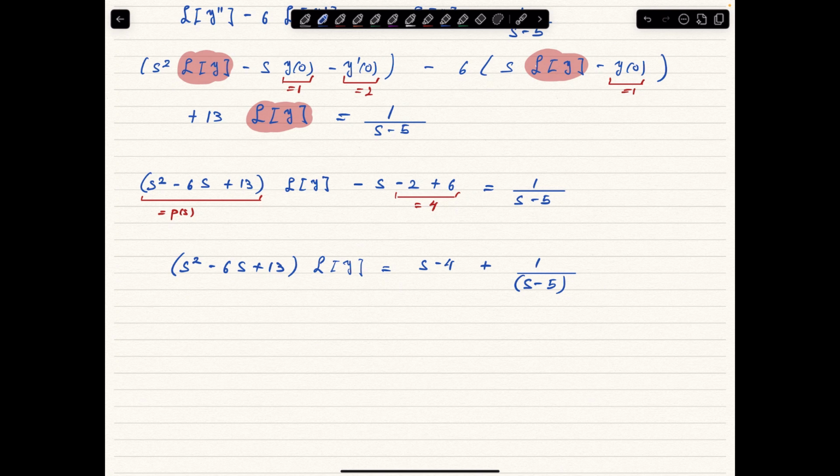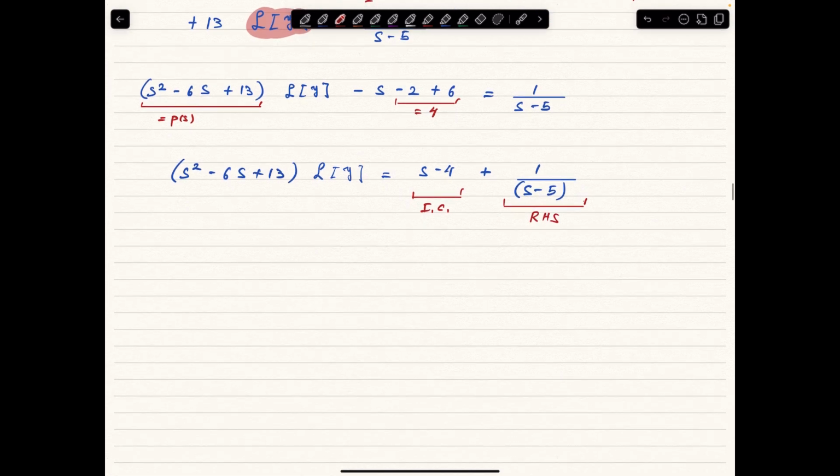And now we need to divide by the factor on both terms. Recall this term comes from the initial conditions, and this term comes from the right hand side of the equation. So this is a nice separation of the solution into two terms, one coming from the initial condition, the rest from the right hand side.